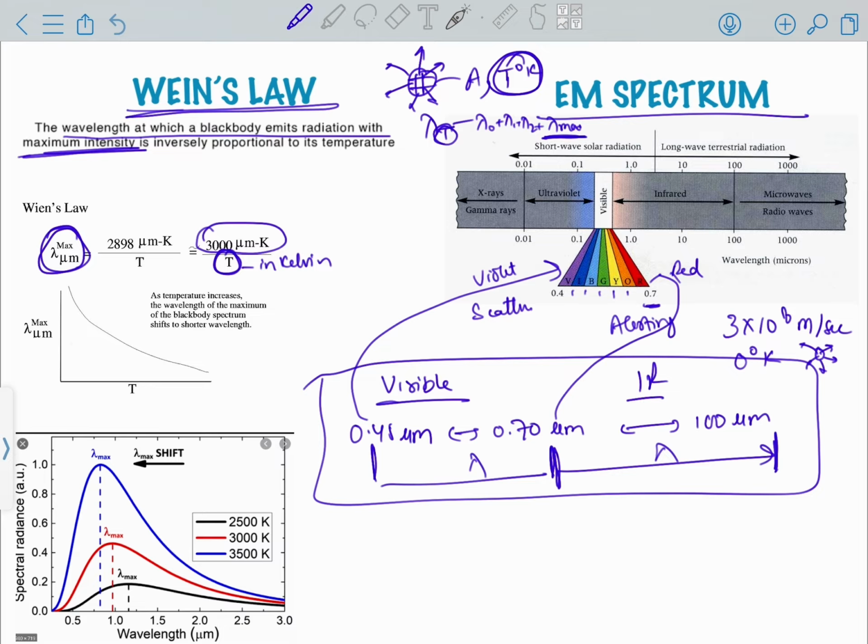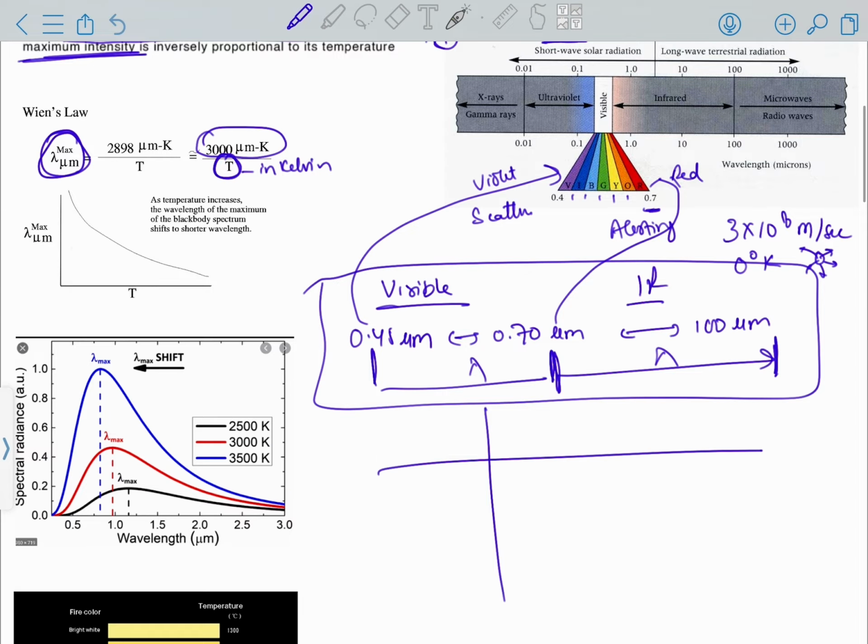Using this formula, let's make a chart where one end takes temperature in Kelvin and the other end takes wavelength in micrometers. Let's say the temperature is 27 degrees centigrade, which is 300 Kelvin. Putting 300 Kelvin into the formula, the wavelength comes out as 10 micrometer.